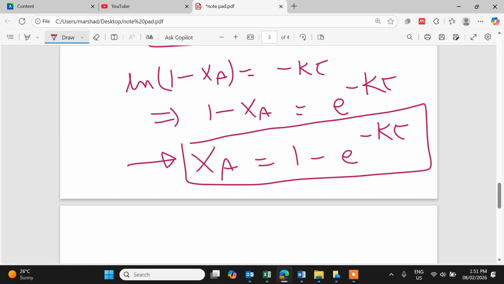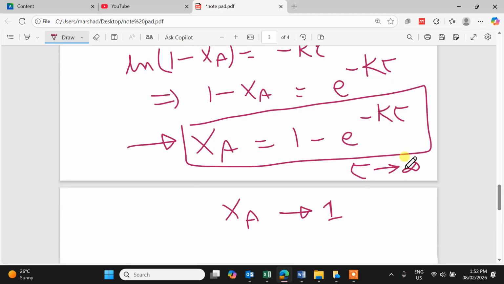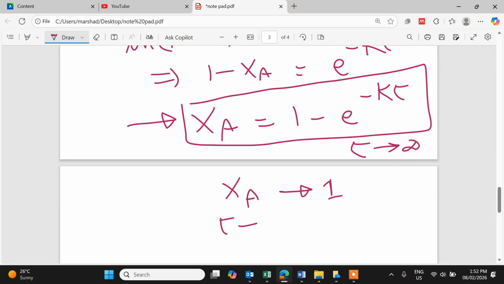As you can see, as residence time goes to infinity, conversion will be 1, the maximum. And when residence time is 0, e power 0 is 1, 1 minus 1 is 0, so conversion is 0. This makes sense.